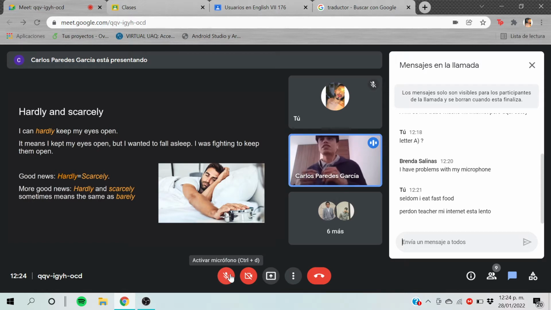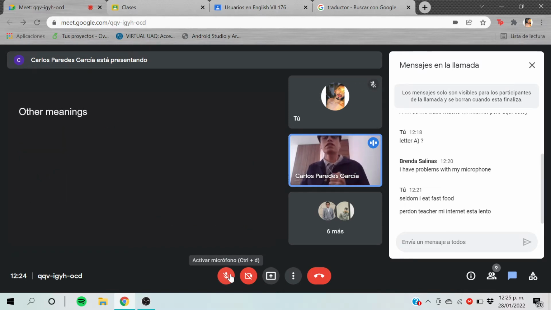In this case, there is good news. Hardly and scarcely are synonyms. And more good news, in some sentences, hardly and scarcely sometimes mean the same as barely, which is a really, really easy word. However, both of these words have different meanings and uses. For example, this one: there's hardly any tea left.